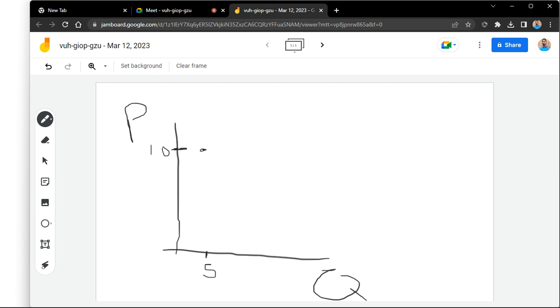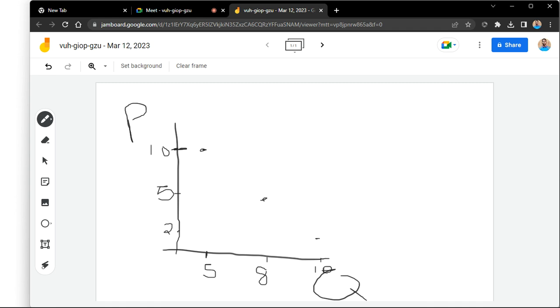When the price reduces from 10 to, let's say, 5, this person is able to demand, let's say, maybe 8 units of this particular good. Then the price reduces from 5 to, let's say, 2, and this person demands, let's say, maybe 10 units of this particular good.